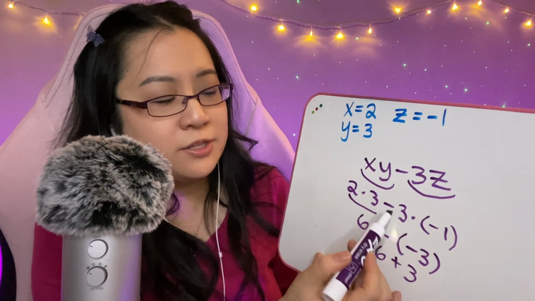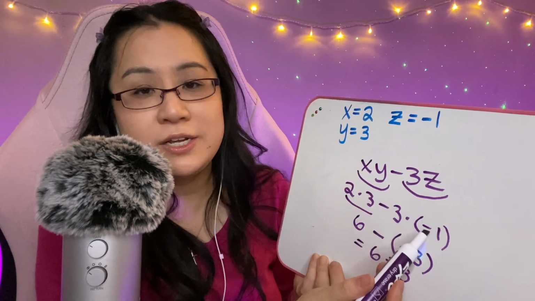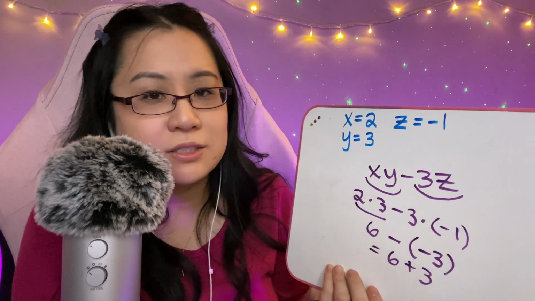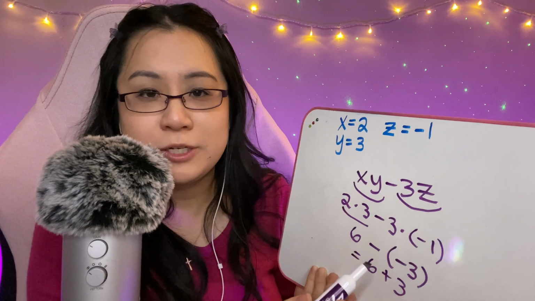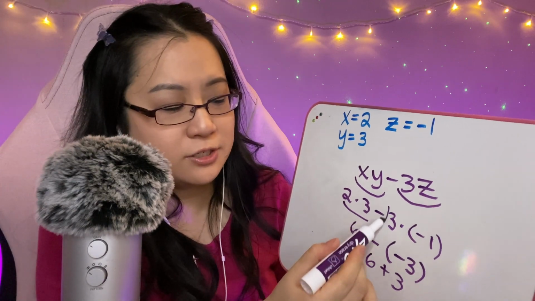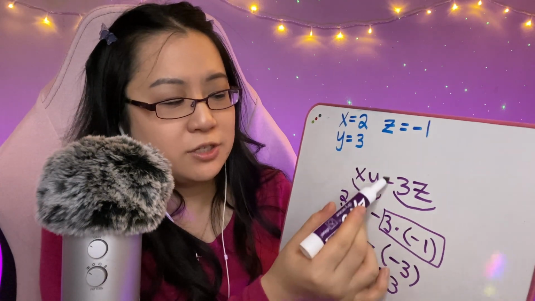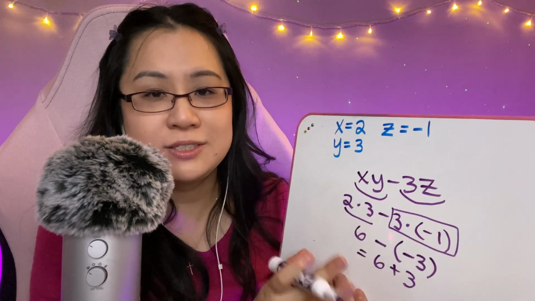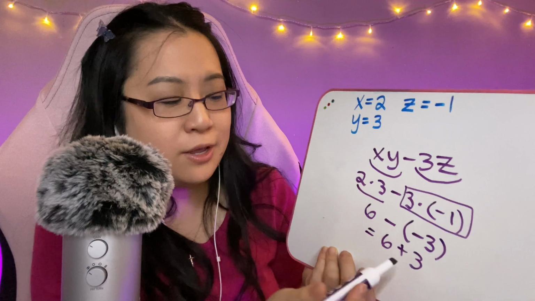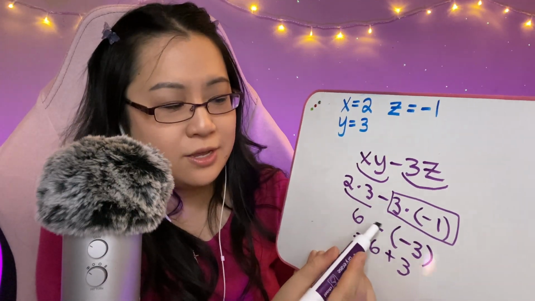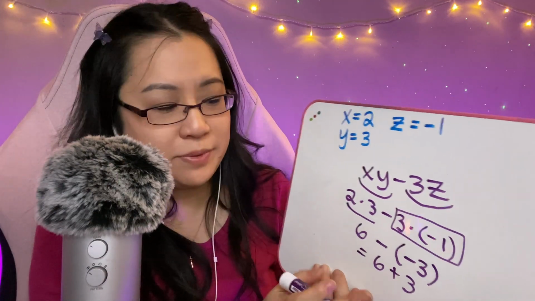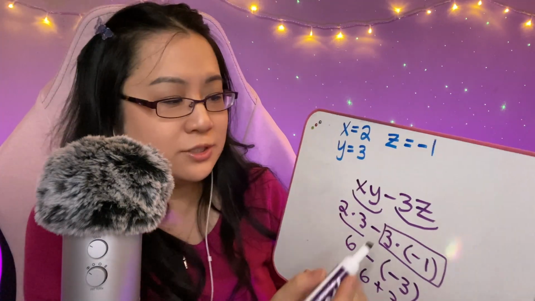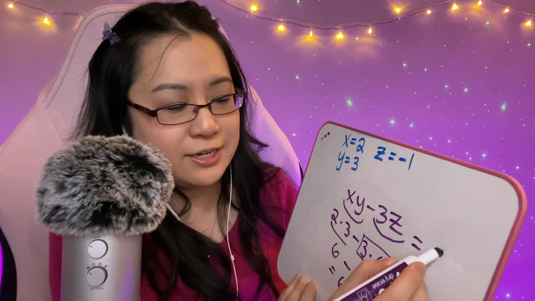So if you wanted to think of this as -3 times -1, you could do +3, but I think that gets a little confusing with different expressions, so it's probably better to just consider this first, because you can leave the negative as an actual subtraction, like as an actual minus operation. But it's up to you how you want to think about this, as long as you take it step by step. So 6 minus -3 is 6 plus 3, which is +9.